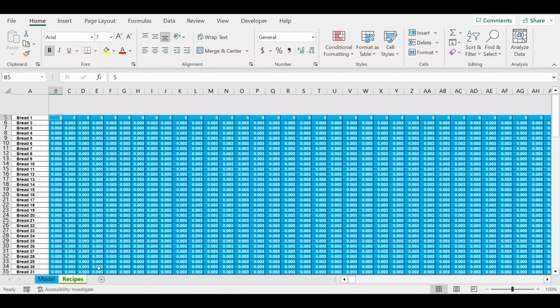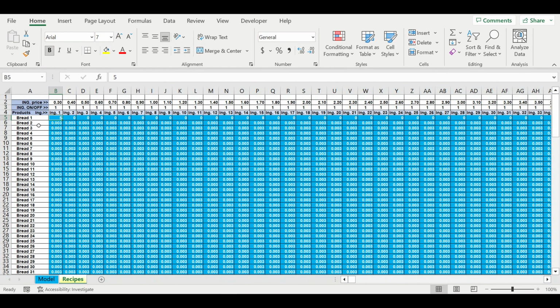Then here on the next tab we have, from top to the bottom, the list of products that we have. From left to right we have the list of ingredients that play part in cooking this or that bread or cake.